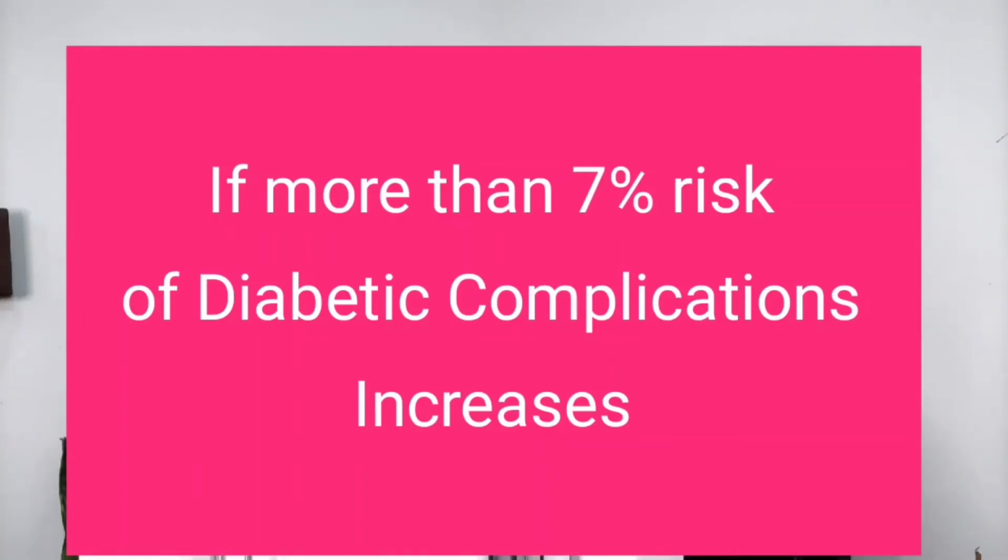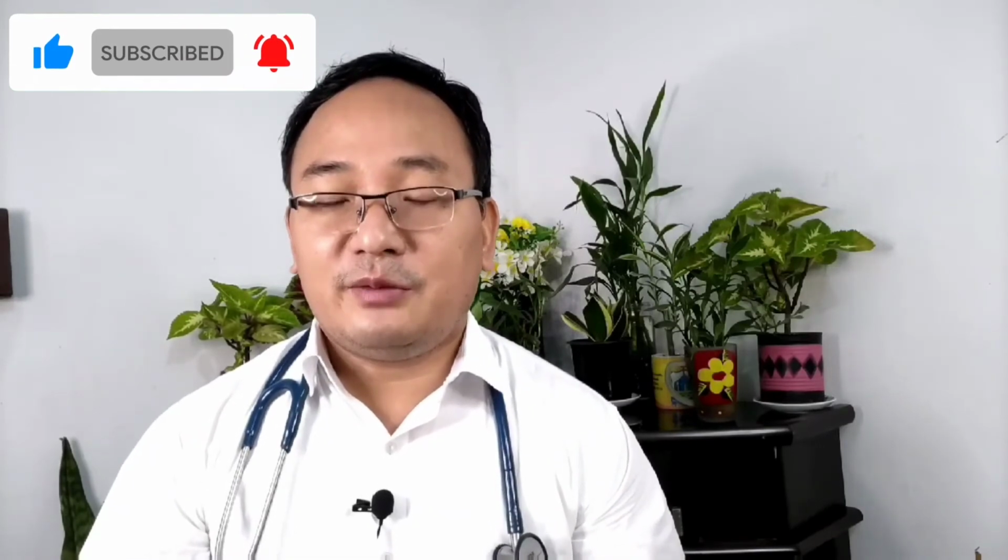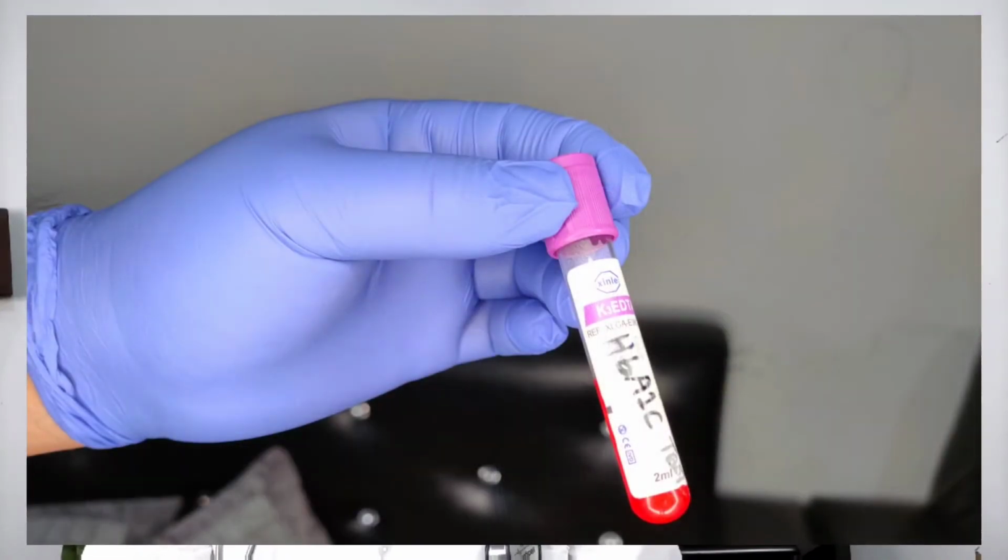We know that in long-standing diabetes which is not controlled, when HbA1C value is more than 7%, diabetic complications occur in eyes, heart, kidney, nerve, and muscles. Therefore, it is good to know the HbA1C value.